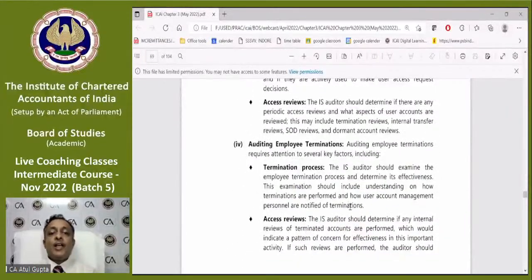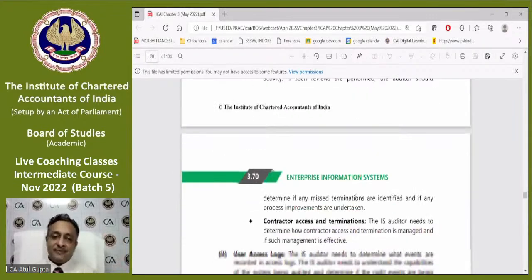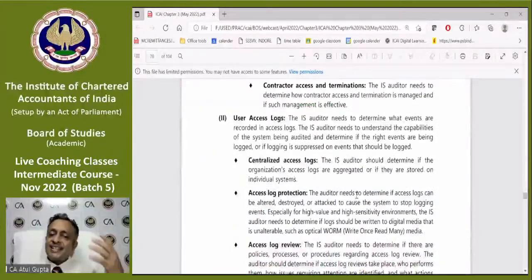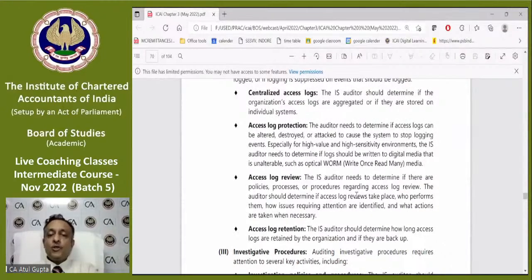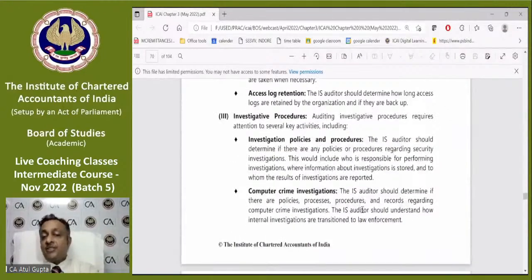Then employee termination. When you terminate an employee, what is the process you follow for termination? And then access log, the audit control review we have talked about. Based on this, you go for investigation based on what excesses are there.